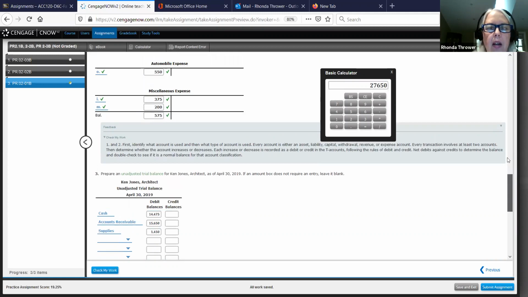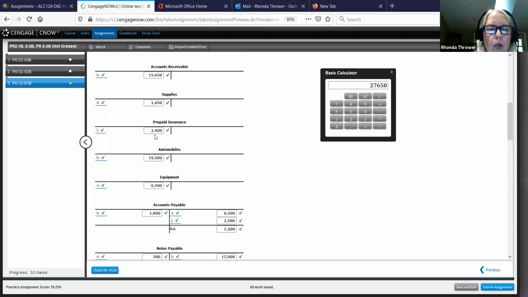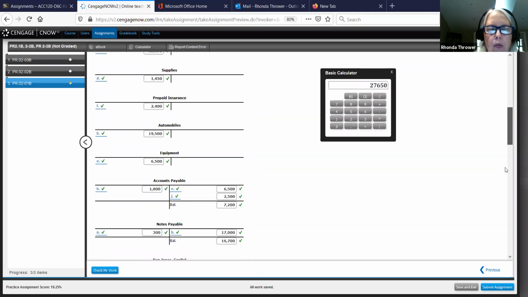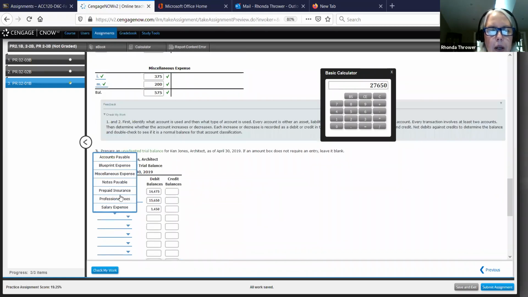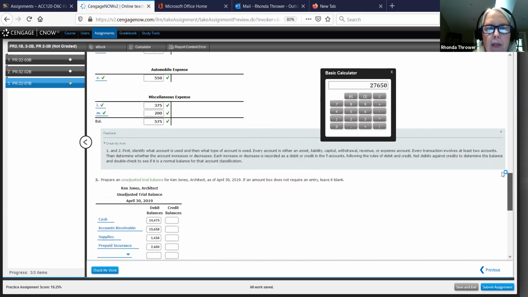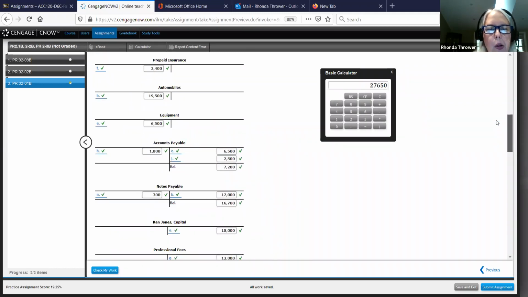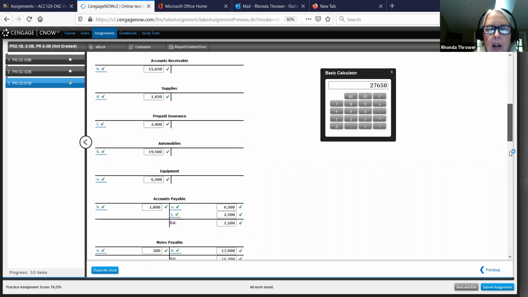The next account in your list is prepaid insurance. Its balance is a debit balance for $2,400. Prepaid insurance is an asset. It has a debit balance of $2,400 because assets increase on the debit side. Automobiles has a balance of $19,500.